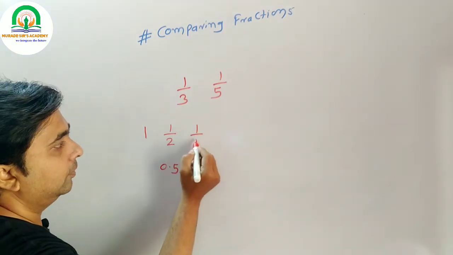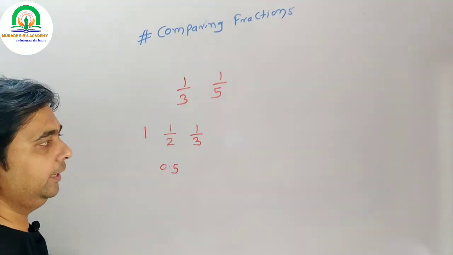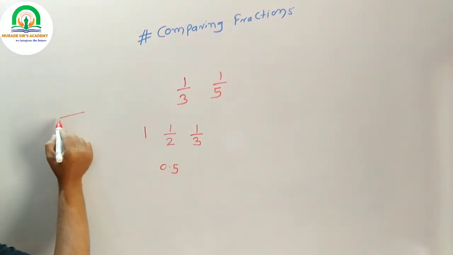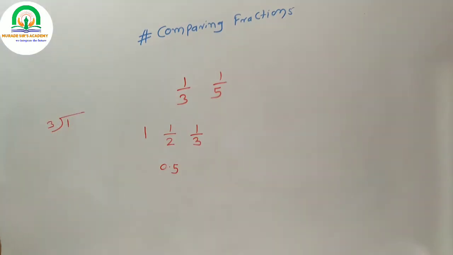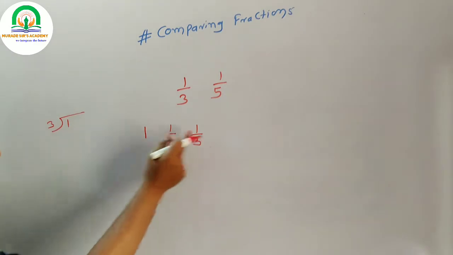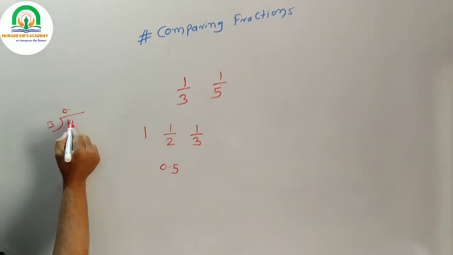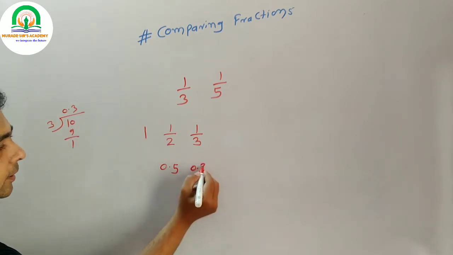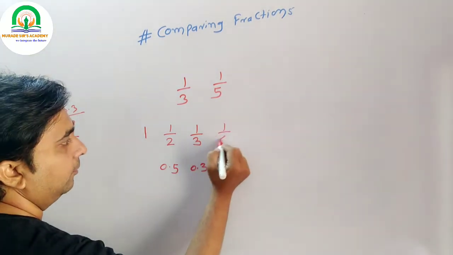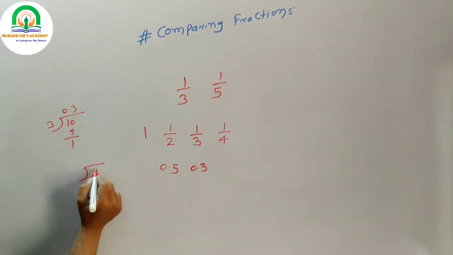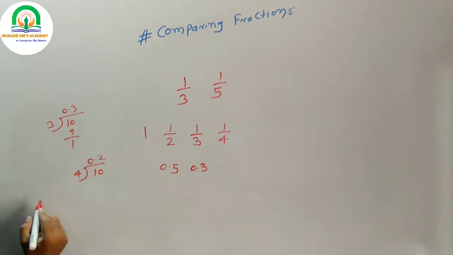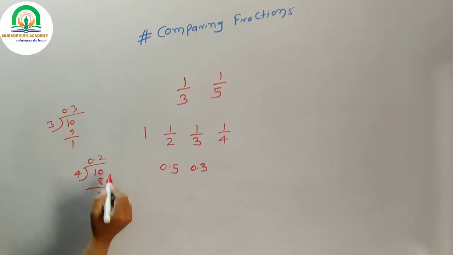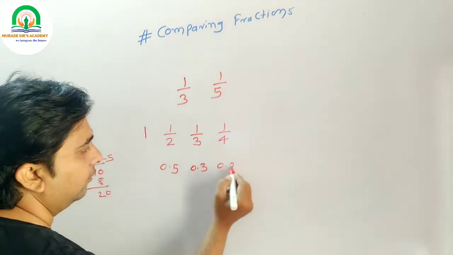If I increase the denominator, 1 divided by 3, fraction means division, is 0.3. If I divide by 4, it is 0.25.